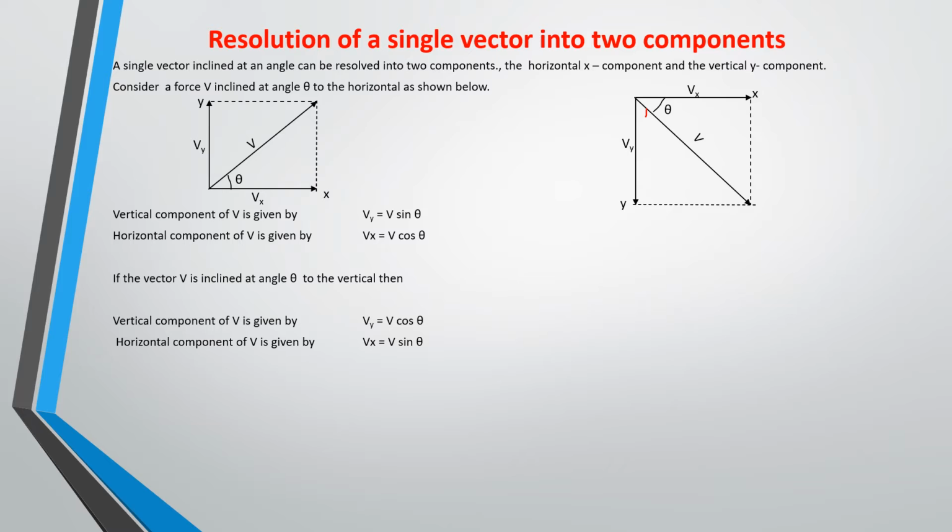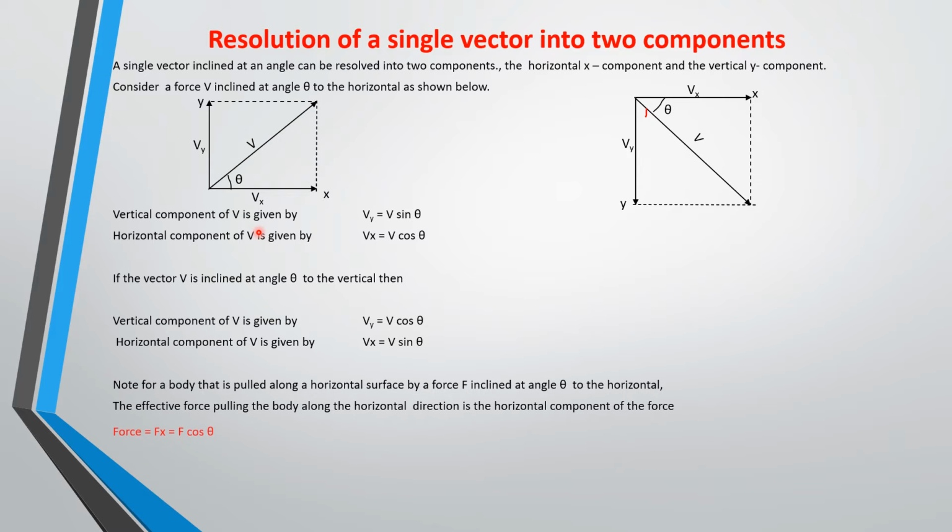So depending on the angle of inclination of the force, you will know which of the equations to use to solve for the problem. Is that okay? So these are the formulas for solving for resolution of a single vector into two components.